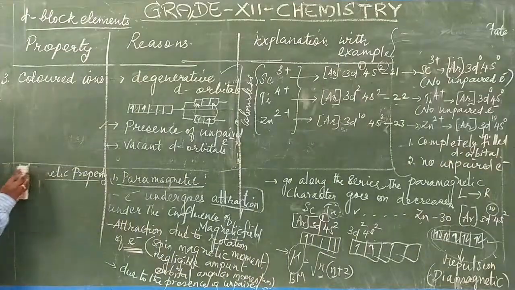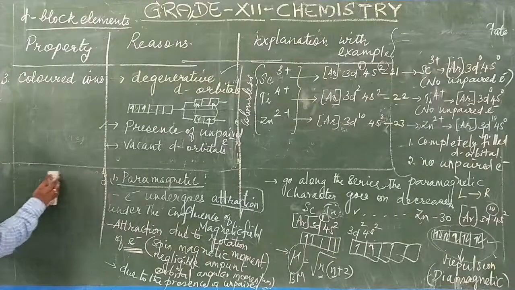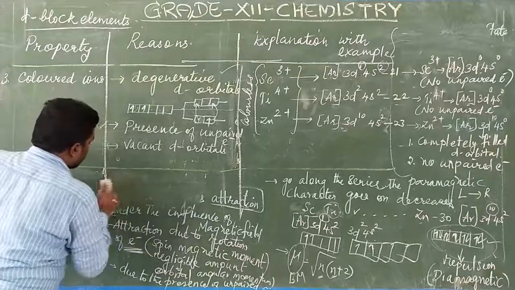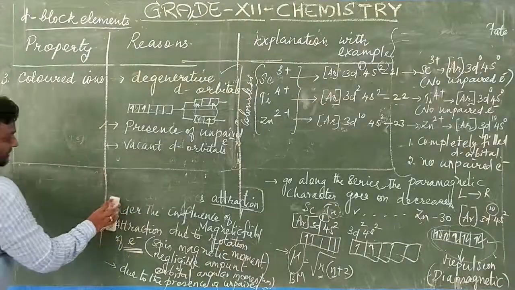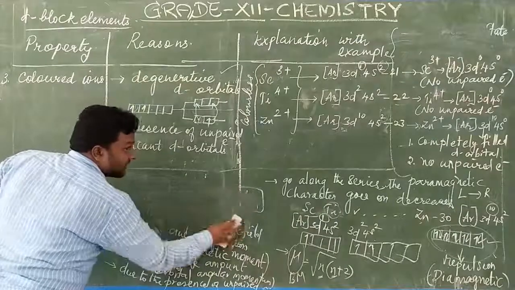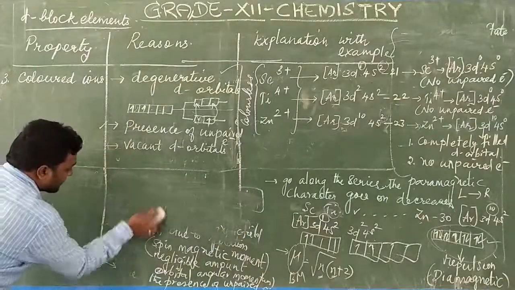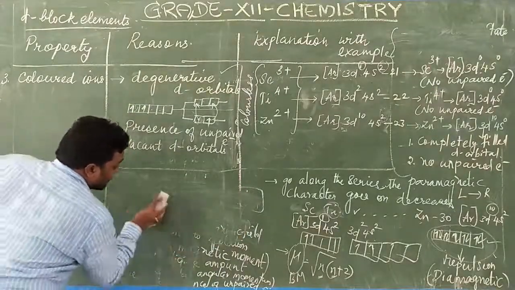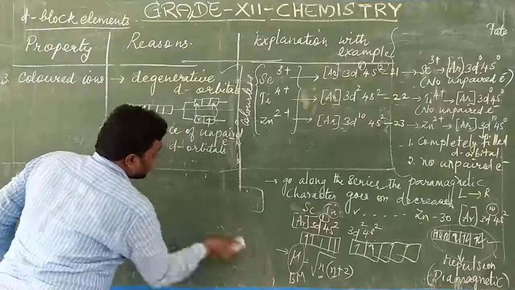Now coming to the fourth characteristic property, which is catalytic property. Very important. Catalytic property is also very important. Now we will see the catalytic property. When you take the d block elements, they have a catalytic property.